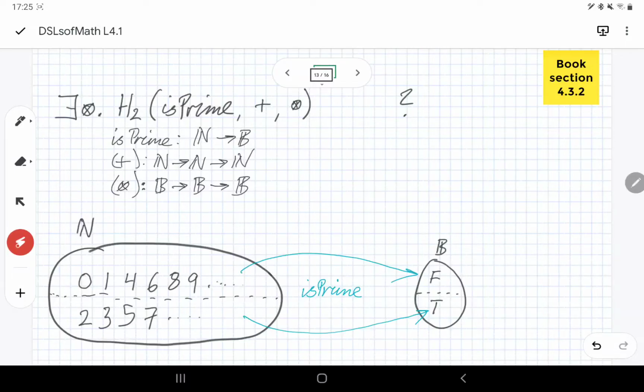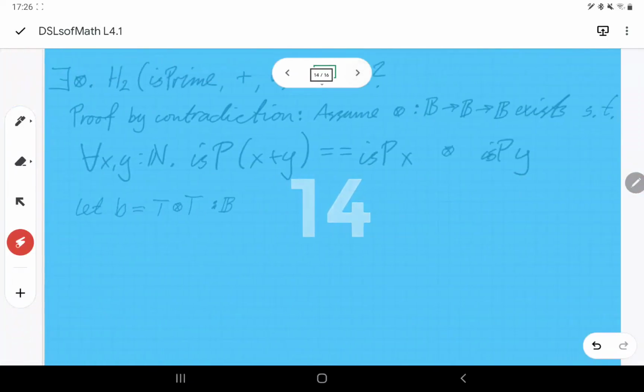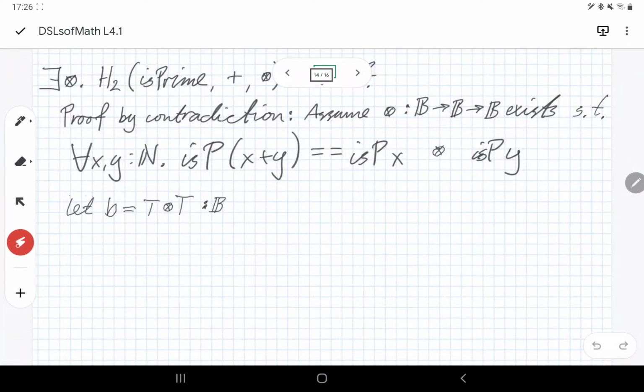So now, how should we go about proving that there exists or there doesn't exist such an operator for is prime? Well, let's look at some examples, as we did before. If we assume that there is no such operator, we can actually prove it by checking these different examples.